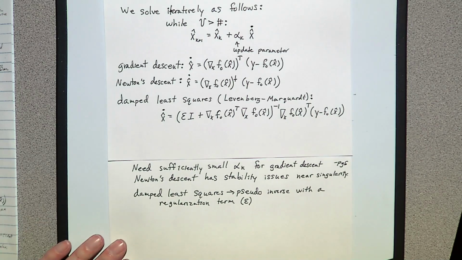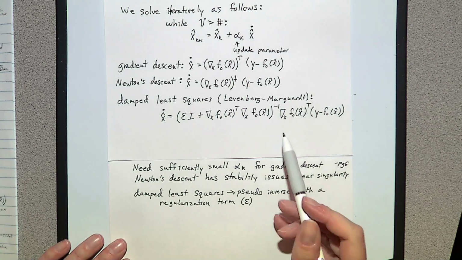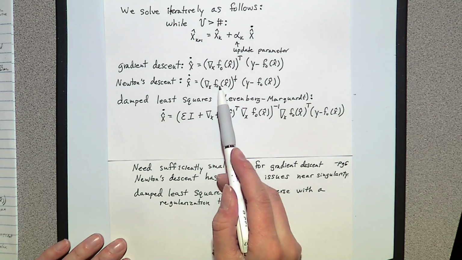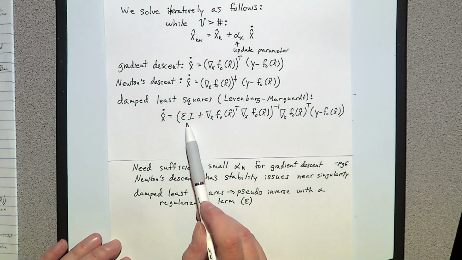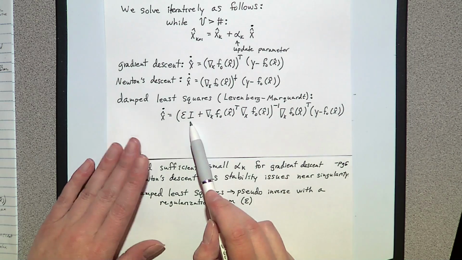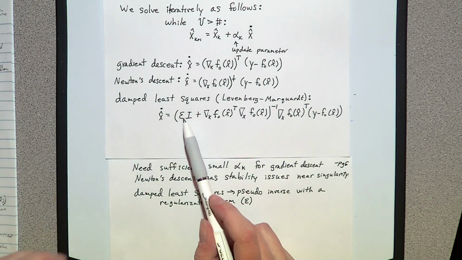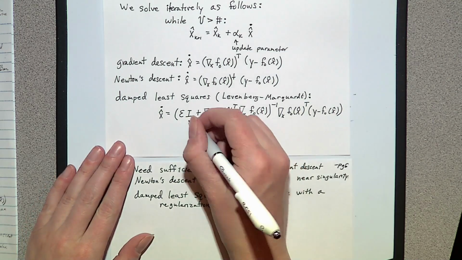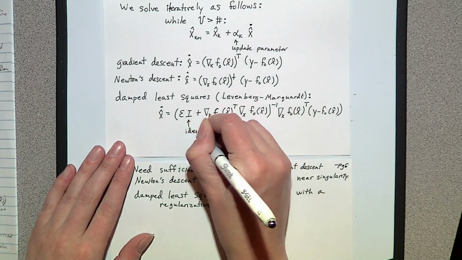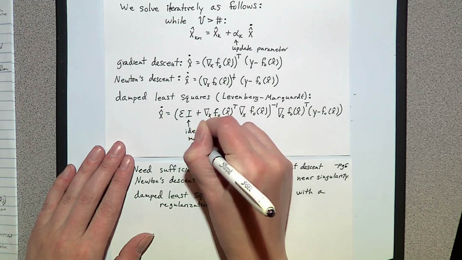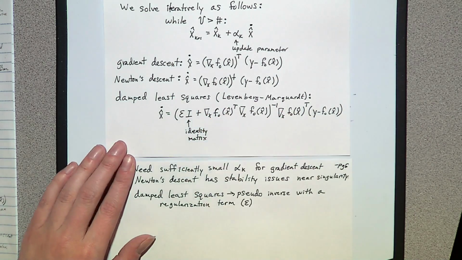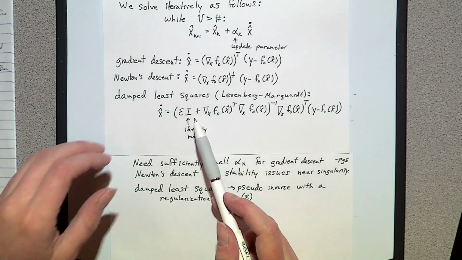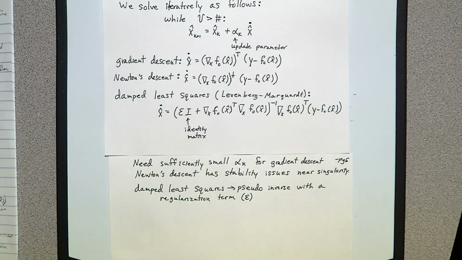So when our pseudo-inverse would be close to singularity, we have this epsilon here, which prevents this inverse from actually becoming singular. It just adds to the diagonal, so this I is the identity matrix. By adding that, we can help mitigate some of the effects of what happens when we get near singularity.